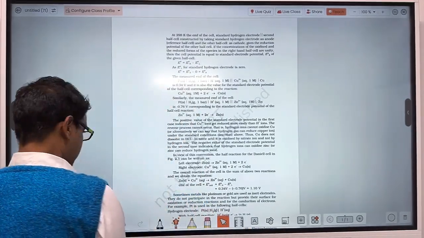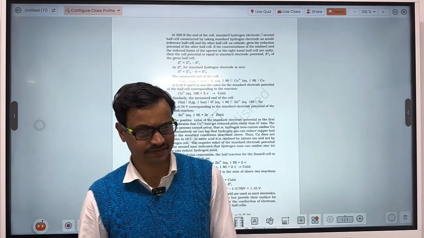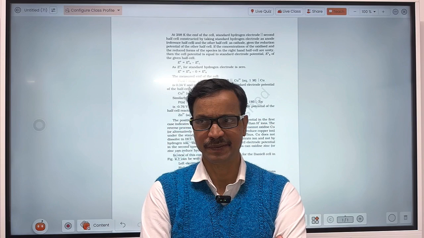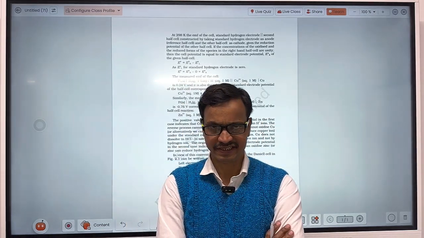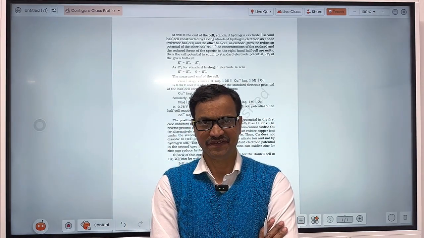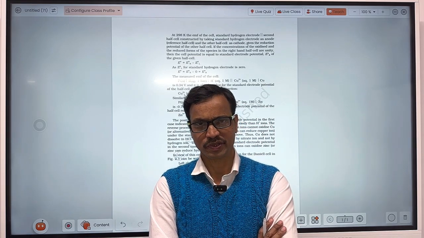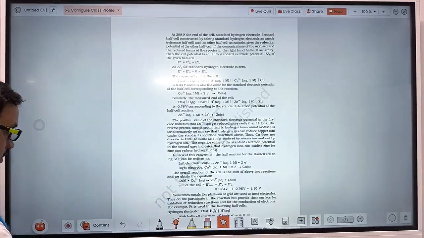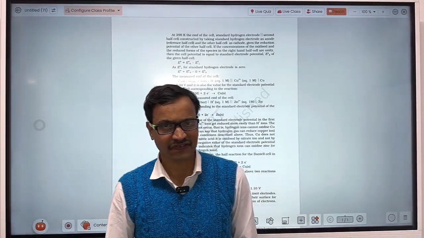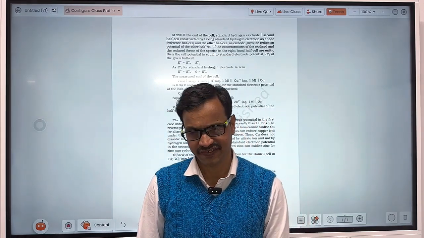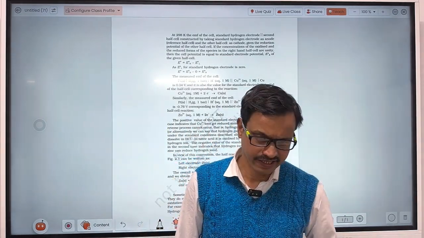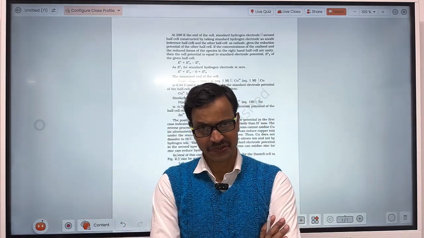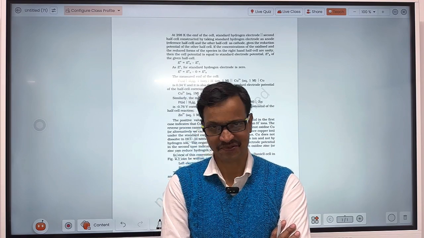One point, write that when the standard electrode potential is negative, that will indicate that the taken electrode will have greater tendency to get oxidized. And when the standard electrode potential of the electrode is positive, that will indicate that the taken electrode will have greater tendency to get reduced compared to that of hydrogen.